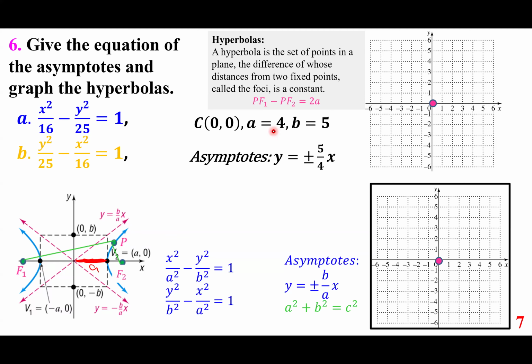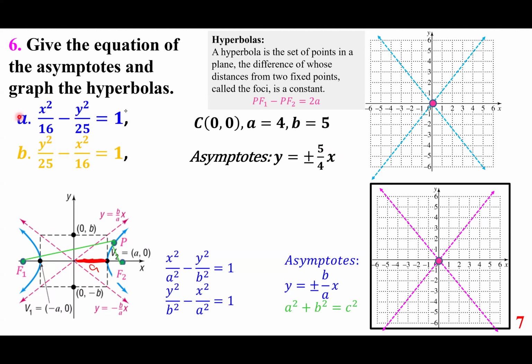Now, we're going to look at the blue one. So everything is the same, the center, a, b, asymptotes. So you graph the two lines. Basically, you graph, let x be 0, find y becomes 0, 0. And then if x is, for example, 4, y becomes 5 or negative 5. Now I'm going to discuss this one, which is known as a fundamental rectangle.